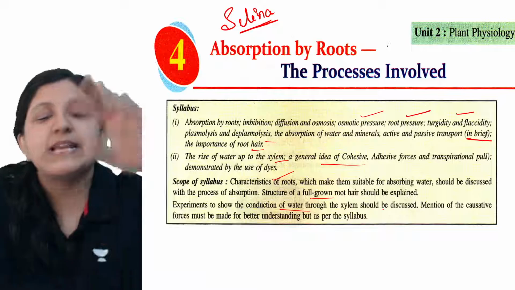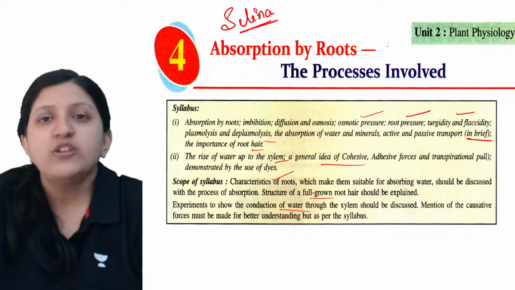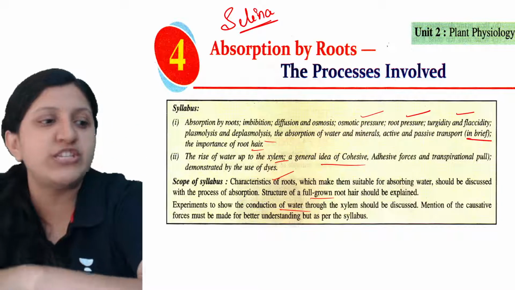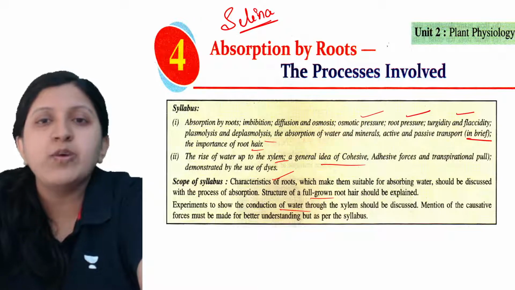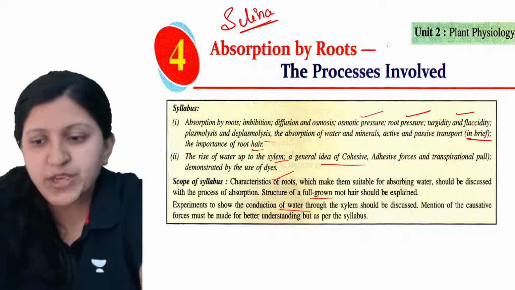So just follow the syllabus as well as the scope of syllabus. There is nothing coming from outside this portion which is mentioned. Make sure that you are studying this particular thing thoroughly.